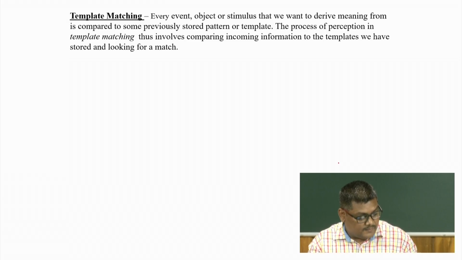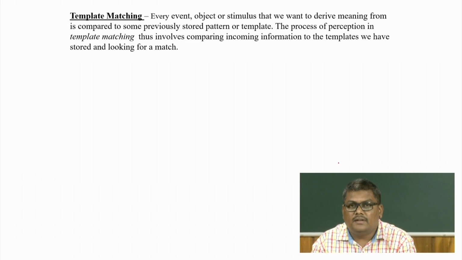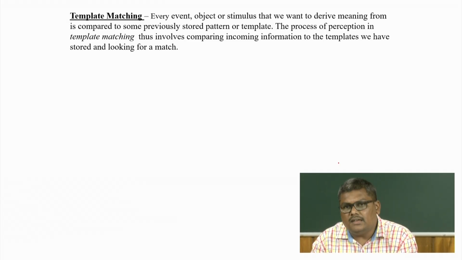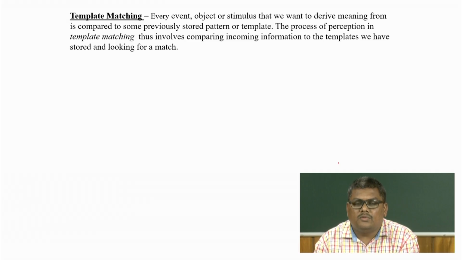Now, think of templates as stencils. Most stencils are used to make figures or words or events which are equivalent to the stencil. In the template matching model, the reverse of what the stencil does happens.